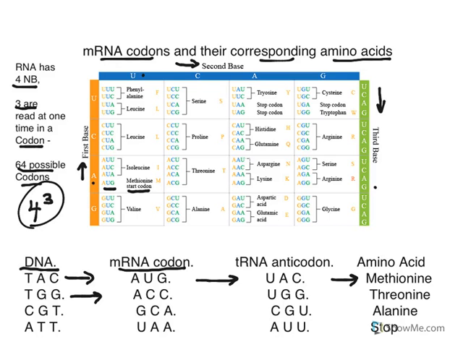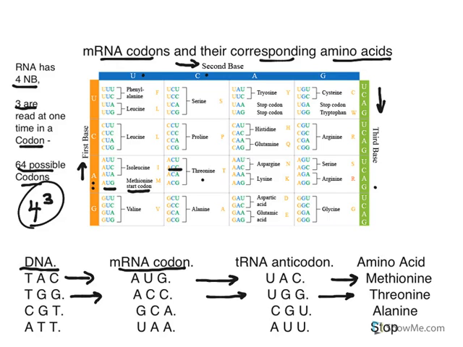T would go with A for the RNA, G with C, G with C, so you would have ACC. Looking again at the table, A, C, C, ACC, the codon for threonine. And what anticodon on tRNA would bring threonine in? What's complementary to ACC would be UGG.